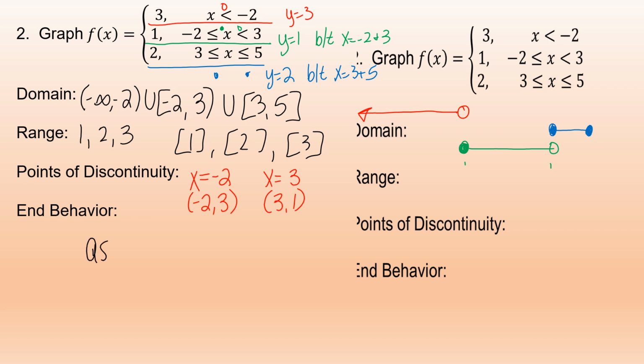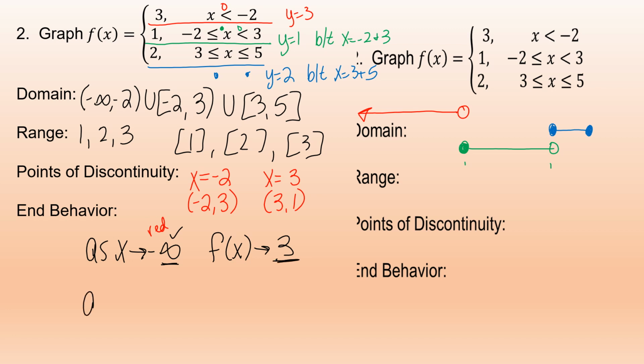All right, check our end behavior. So as the x's go to -infinity, they are going to -infinity. Check, because that red section, look at the red part, it is pointing forever and ever and ever, okay? So as the x's are going to -infinity, in this case, those y values, f of x is approaching +3.